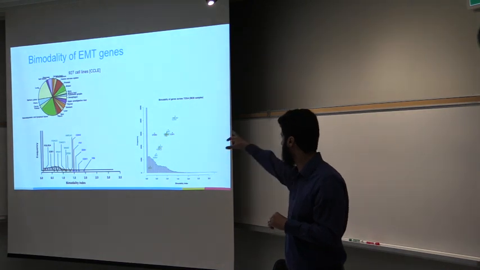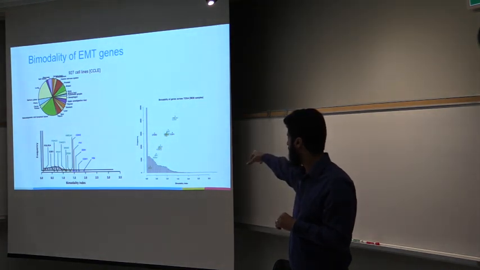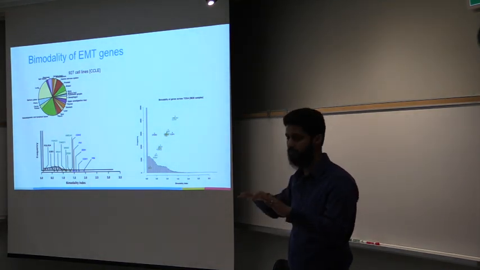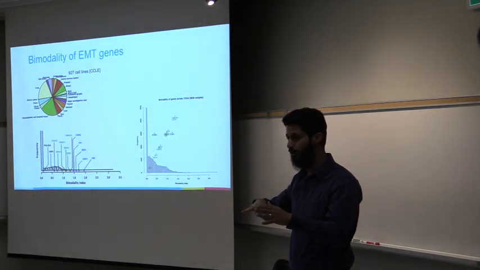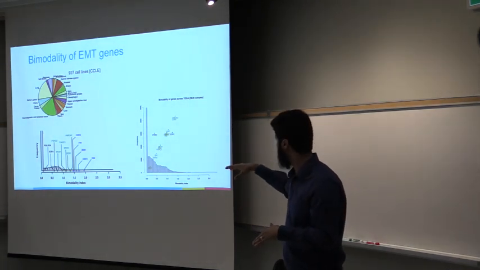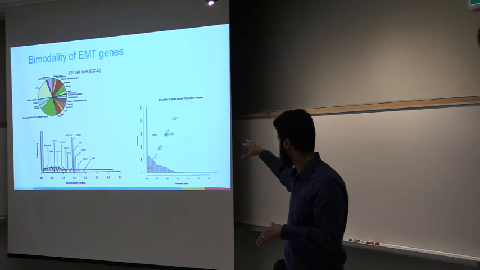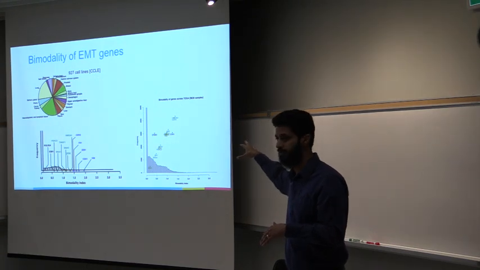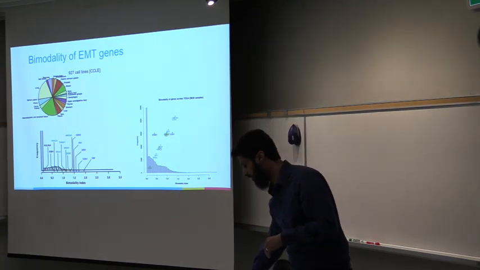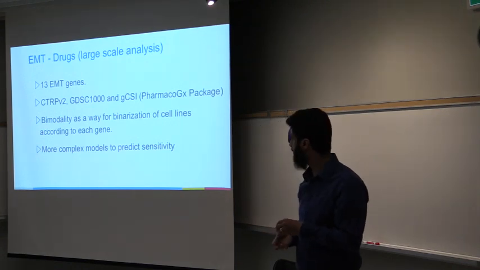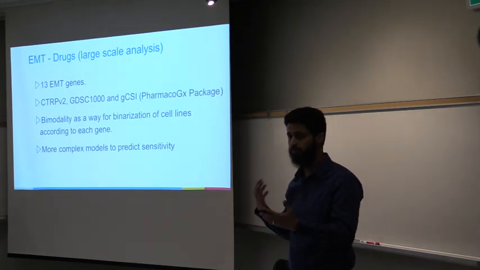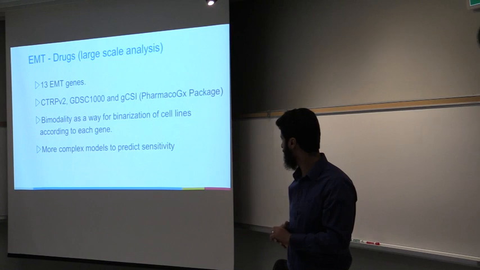And it also translates to the tumor samples. This bimodality still holds when we calculated the bimodality over the tumor samples in TCGA. So these are well characterized genes that we can start with, and they are small, so we can know more information about what's happening to them.